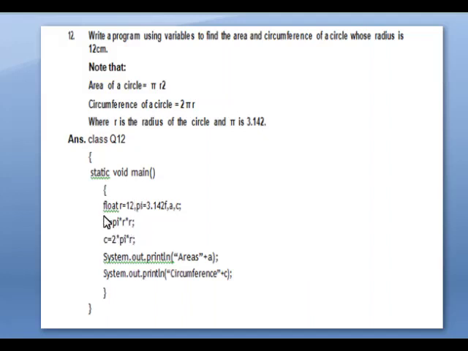Automatically the calculation will go on here, and we will get the output in the terminal window. Okay, c equal to 2 pi r, 2 into pi into r, that is 2 into 3.142 into 12. So we are going to print the value of area, and we are going to print the value of the circumference, and close all the two curly braces.